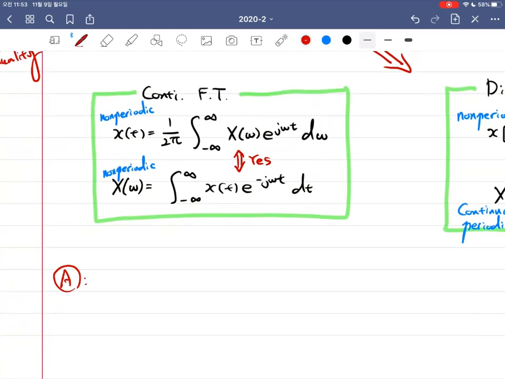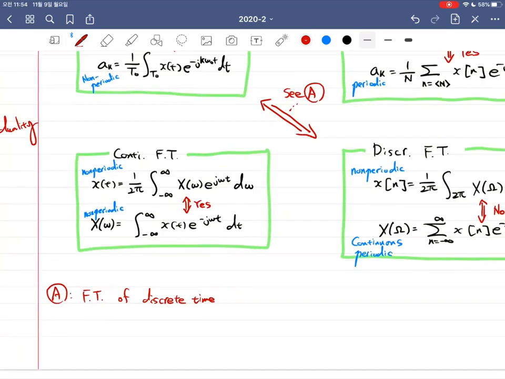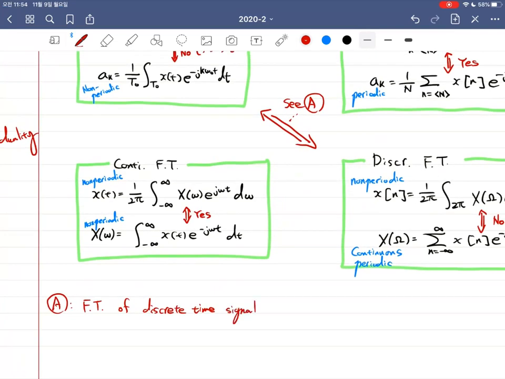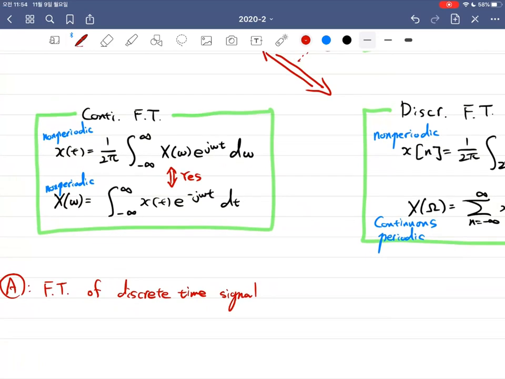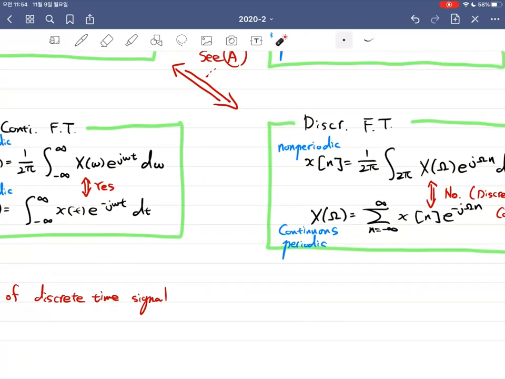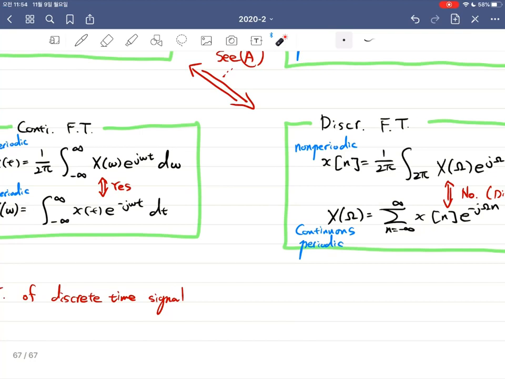So if I put that in words, I'm going to write it down with abbreviations. So the Fourier transform of a discrete time signal is a periodic function of frequency, right?